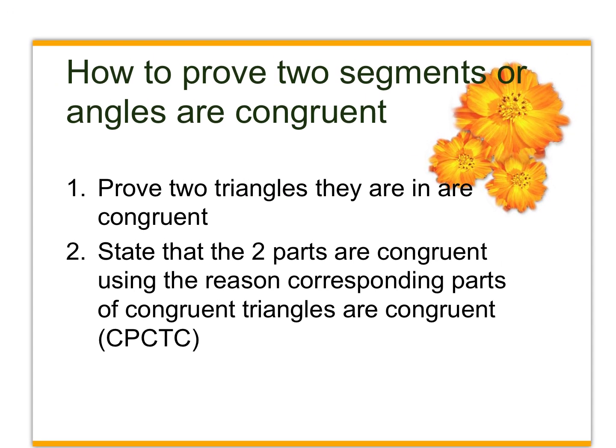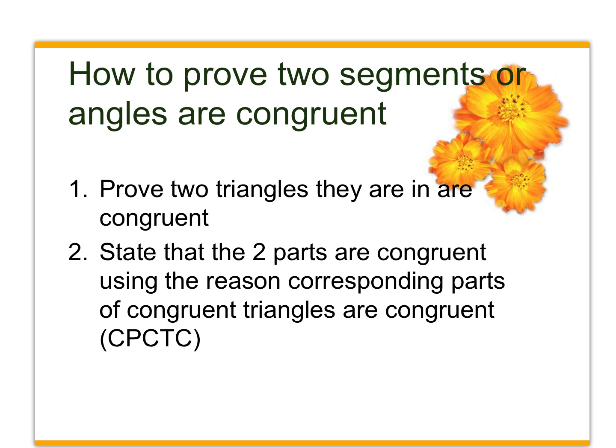Okay, so again, how do we prove that two segments or angles are congruent? Well, first thing you could do is prove that the two triangles they're in are congruent. In other words, if I have a segment or an angle in one triangle and a segment or an angle in the other, and I want to prove they're congruent, the first thing I need to do is prove that the triangles they're in are congruent.